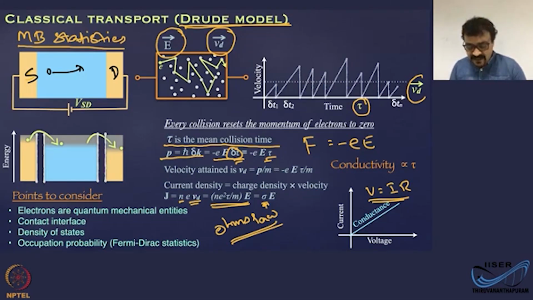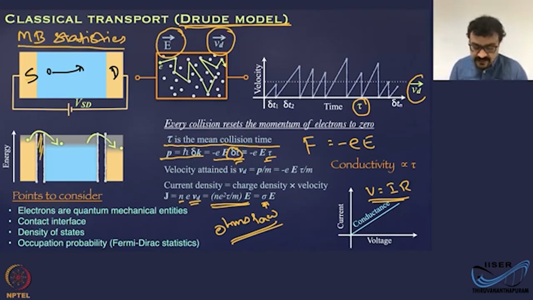Secondly, you basically assumed that just by connecting source and drain leads to the material, the electrons will freely flow from the source to drain. But there are a few other factors that one needs to consider when we look at this transport. Number one, what is the nature of this interface?